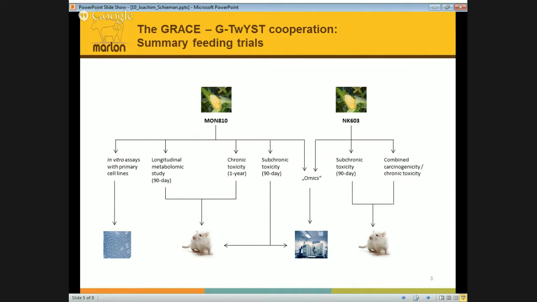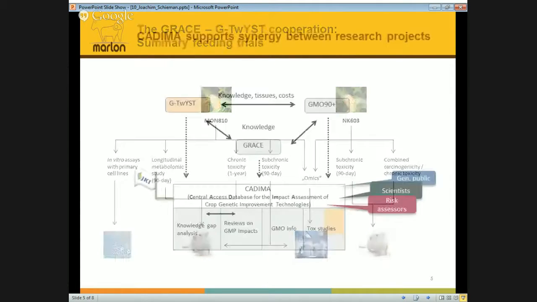And because we have been taking blood and urine samples quite often, we decided to separate that from, let's say, a standard 90-day feeding trial test. And in addition, in vitro assays with primary cell lines are performed, which I think are very successful. And in addition, a lot of omics, also different kinds of omics, are performed with animal and plant material.